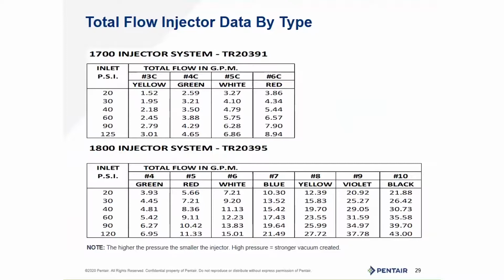So that's one that would be a fairly quick adjustment to the right injector if they had everything else equal, by popping in a red injector instead of the other colors there, they could solve that problem. But if they're using the yellow, green, or white, it's not the right sized injector.